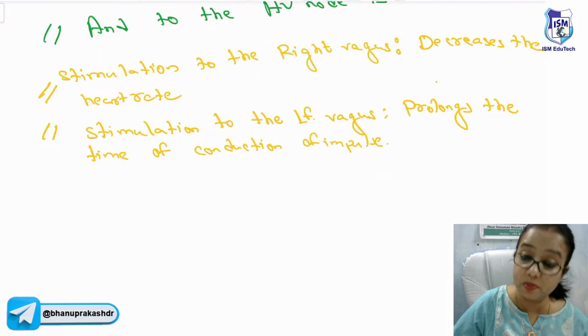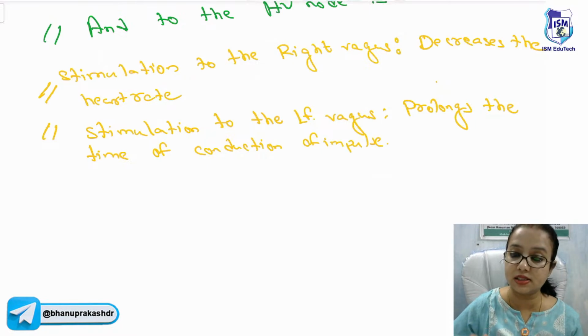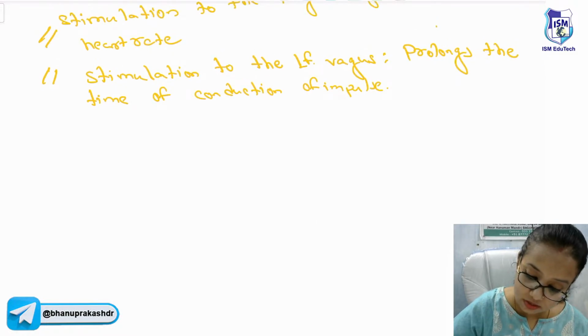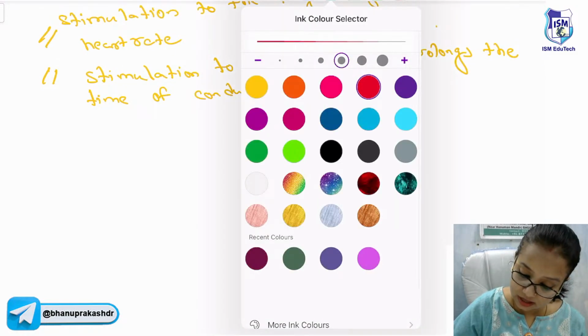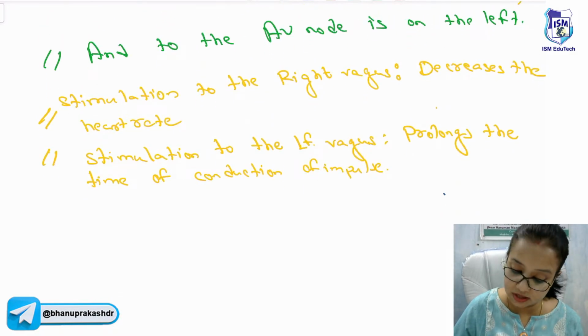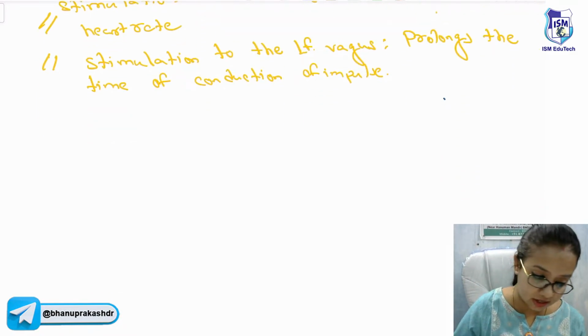Means the speed of the impulse conduction becomes slower. Okay. Now the opposite will happen if the sympathetic nerve is stimulated, right?